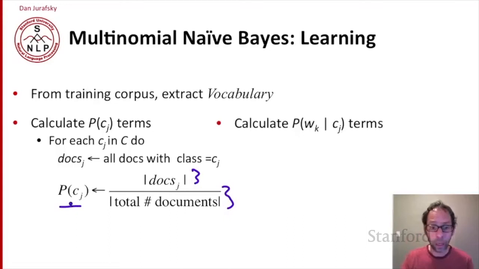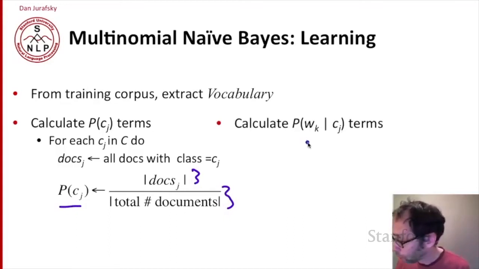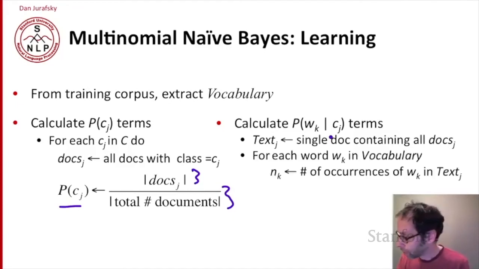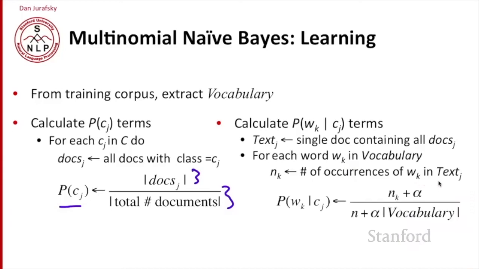Now for the likelihood, we're going to want to compute the likelihood for every word W sub k given every topic C sub j. So first we're going to create our mega document by concatenating all the documents sub j into a mega document called text sub j. And now for each word W sub k in our vocabulary, we're going to count the number of times W sub k occurs in this mega document text sub j.